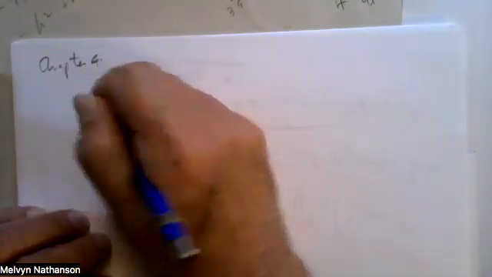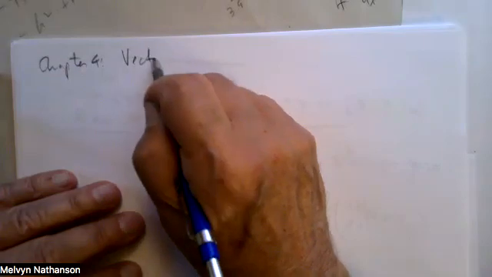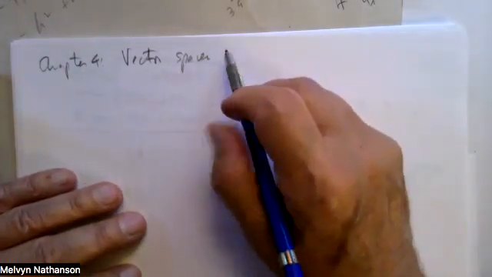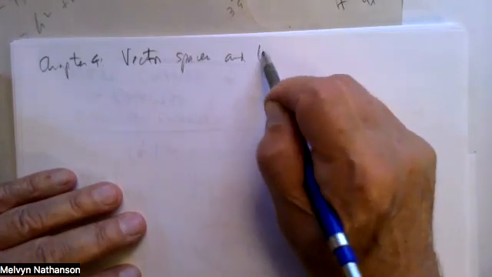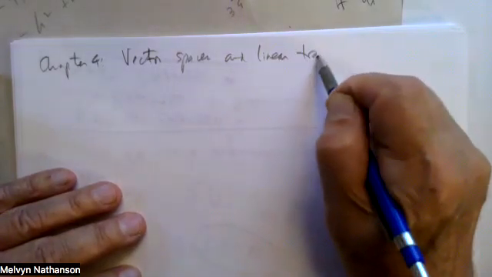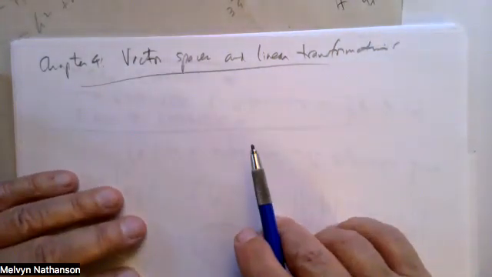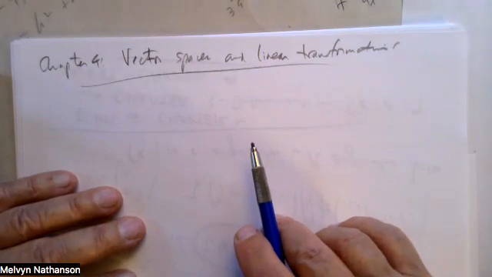So this is chapter 4, which is vector spaces. We've been dealing with the vector spaces Rn and Rm and linear transformations. And we just looked at a linear transformation defined by a matrix. So I want to introduce vector spaces in general.